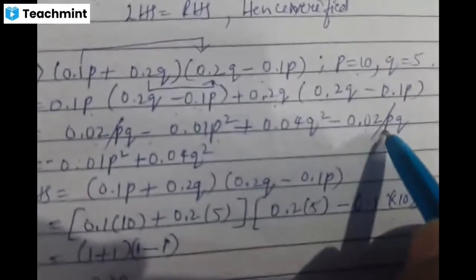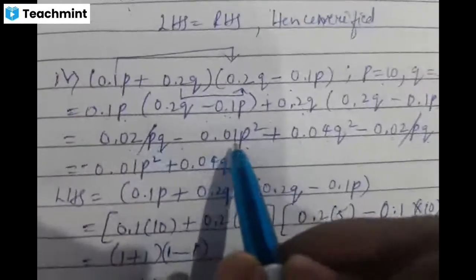We have already done, which is 0.02. Now observe this step, children. Here you have got the like terms 0.02pq and minus 0.02pq get cancelled. You are left with minus 0.01p square plus 0.04q square. This is LHS and this is RHS.